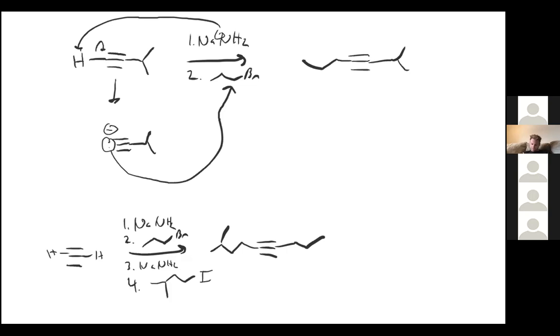So the left half of our molecule coming from this bromo alkane, and then the iodo providing the second half here.